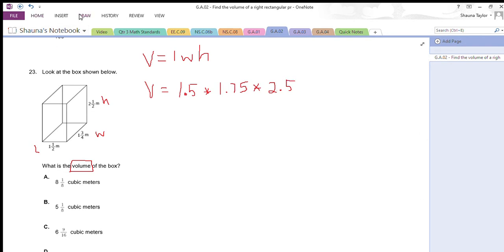Okay, so now I want to find out how much 1.5 and 1.75 is first. So on my sheet of paper, I'm going to figure it out over here. So it doesn't matter who's first. Remember, you're multiplying, it doesn't matter.